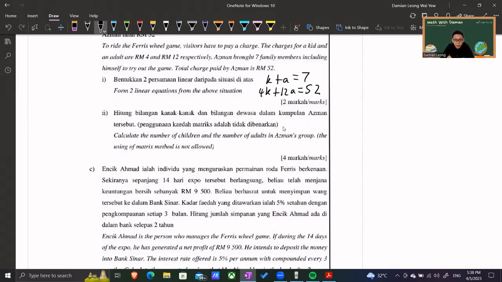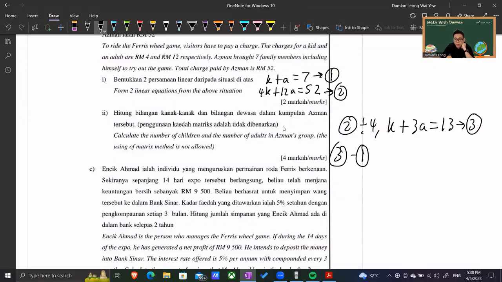I want to find the number of children and number of adults in Asman's group, so I need to use simultaneous equations. Let's call this equation 1, equation 2. Equation 2, I can divide by 4 first. Divide each of this by 4. So K plus 12 divided by 4 is 3A, equals 52 divided by 4, 13. For this equation 3, I can use elimination.